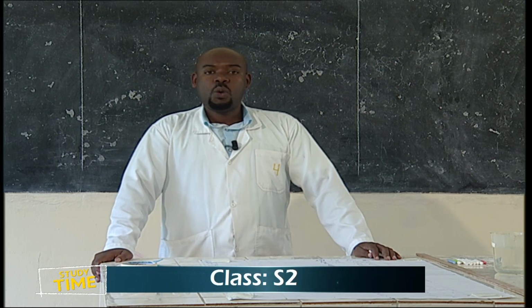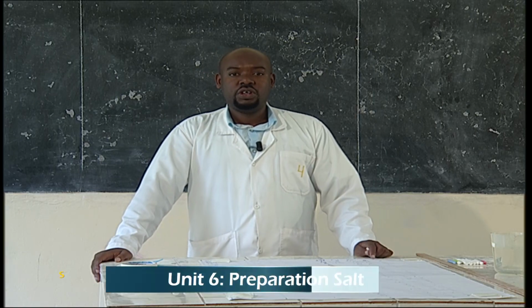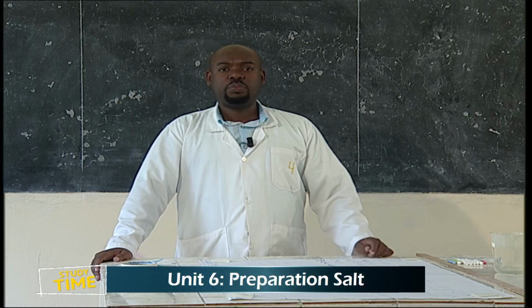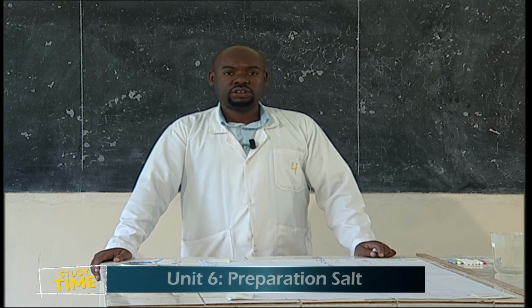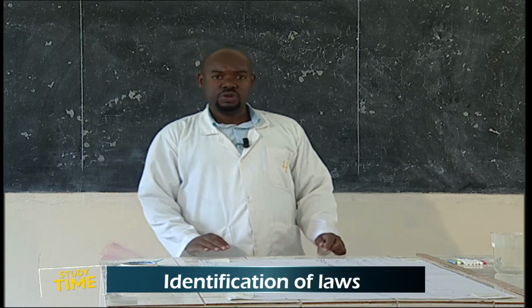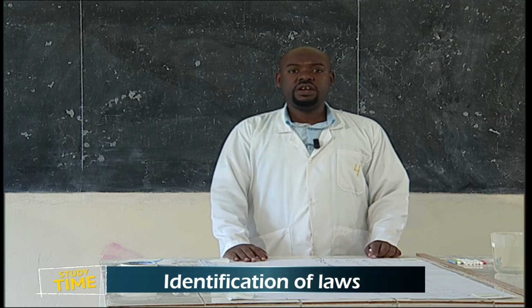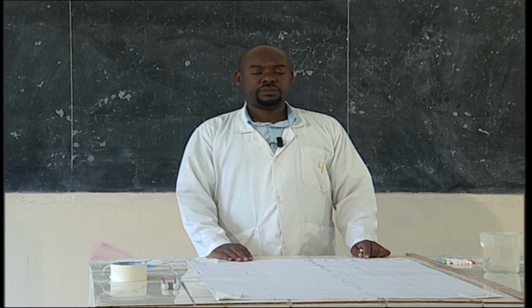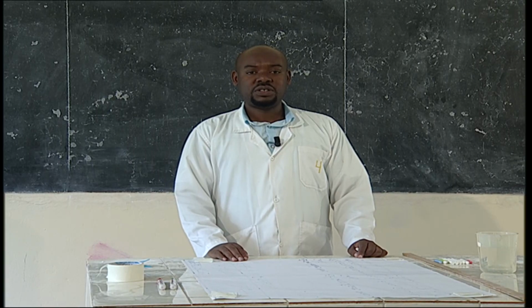In unit number 1 of Senior 2, you discussed the formation of different bonds, chemical bonds. And one of the bonds you learned is ionic bonding. What is ionic bonding? How is it formed?